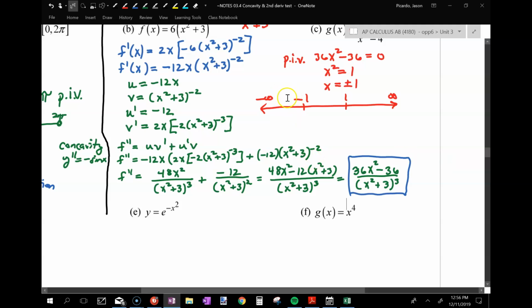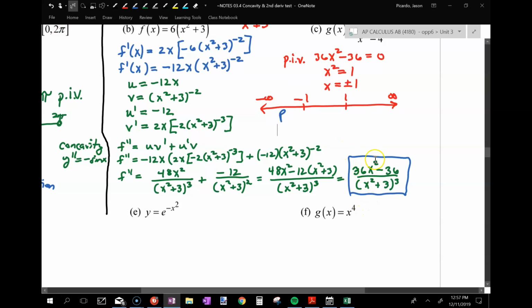So negative 10. Negative 10 squared times 36 minus 36, what's that going to give me? Positive or a negative value? Positive value. Why? Because what's the bottom guaranteed to be? Positive. So positive over a positive guarantees me a positive.